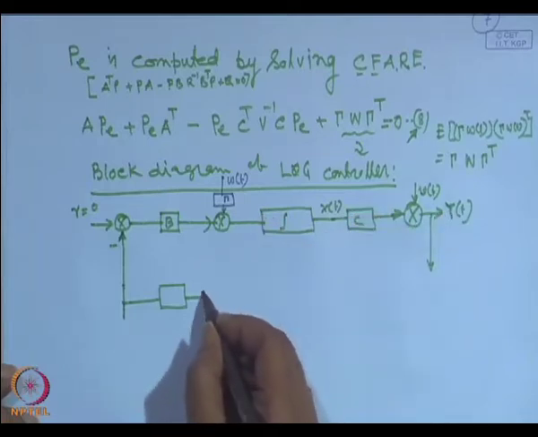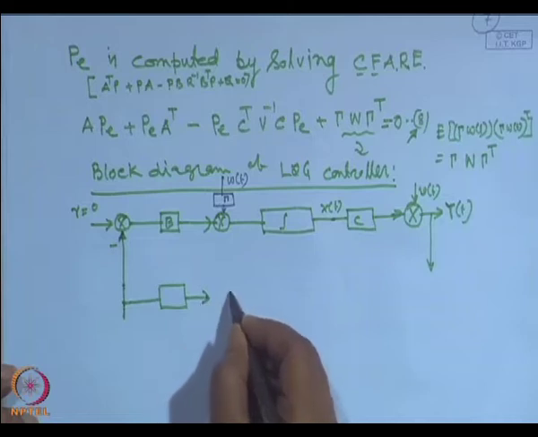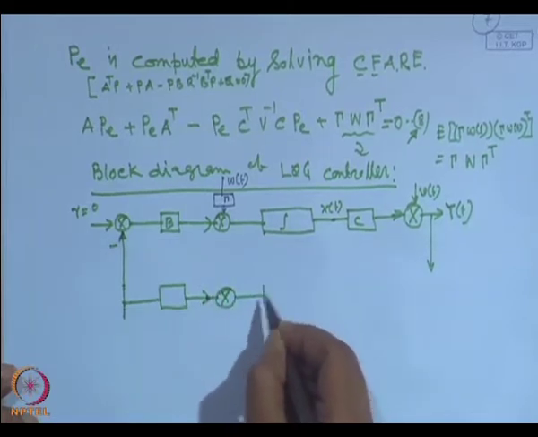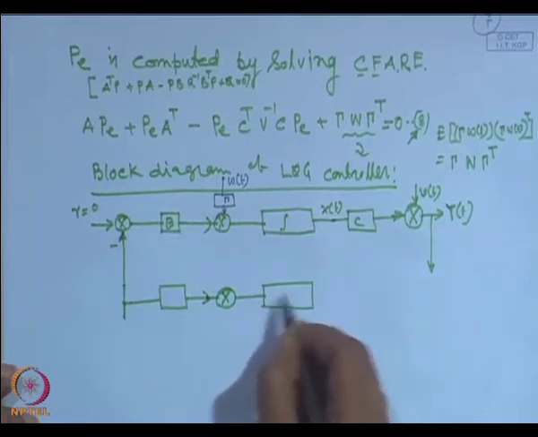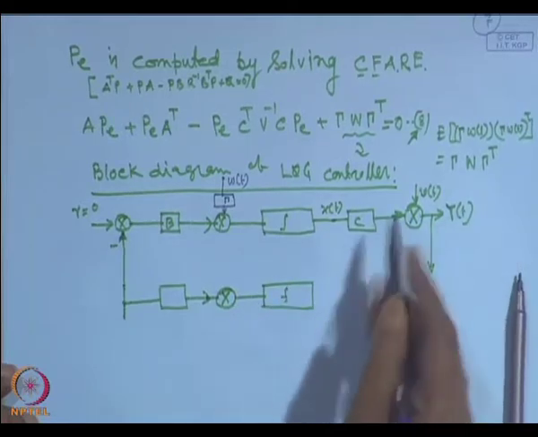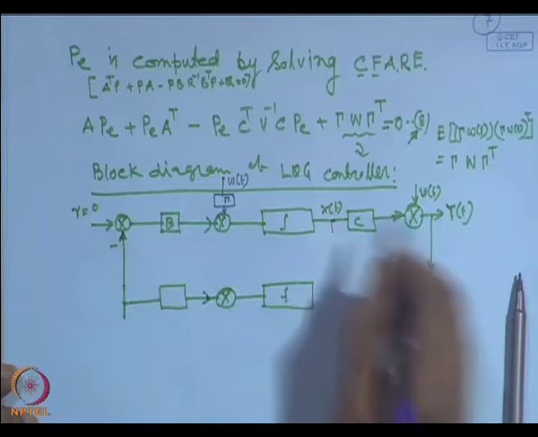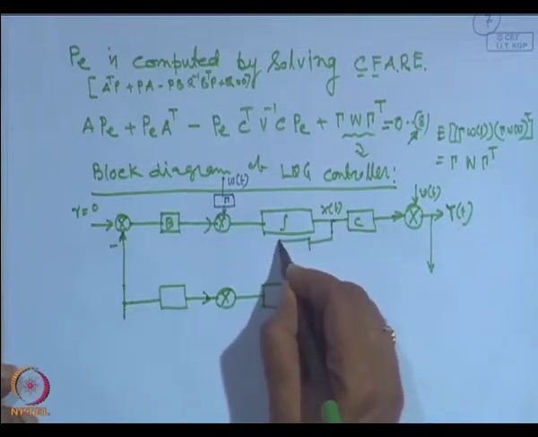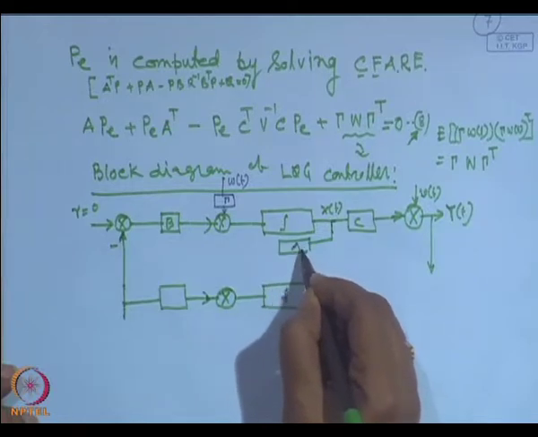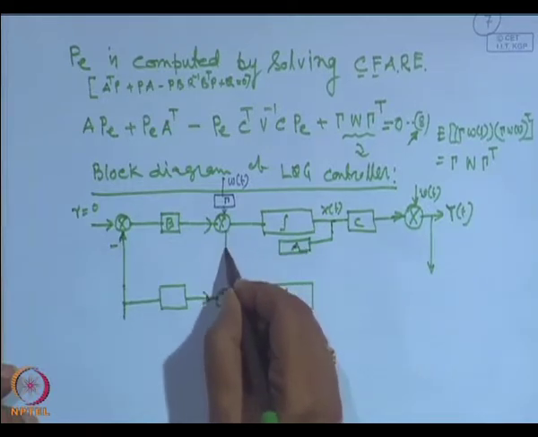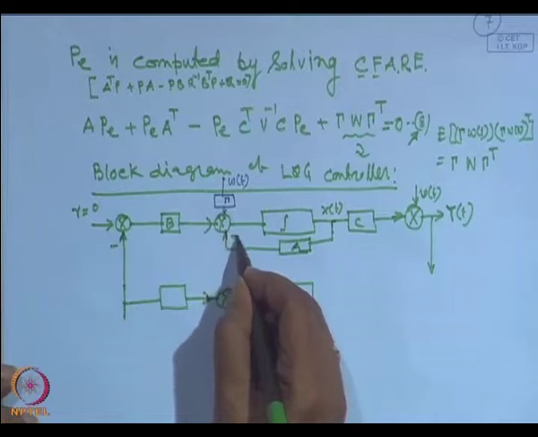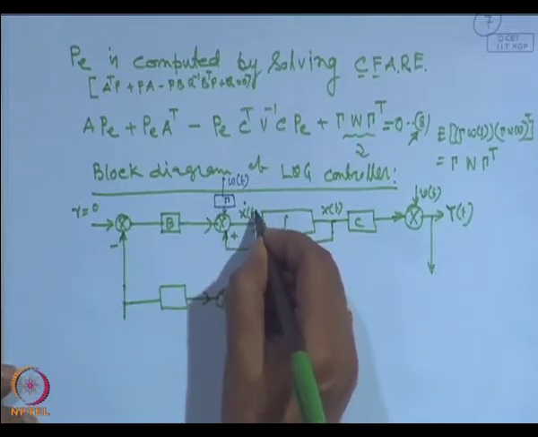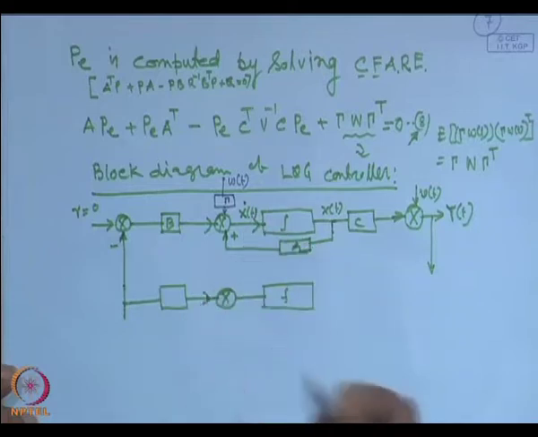So, this is integrated, and the system matrix A is there, and it comes here plus, where this signal is x dot of t.